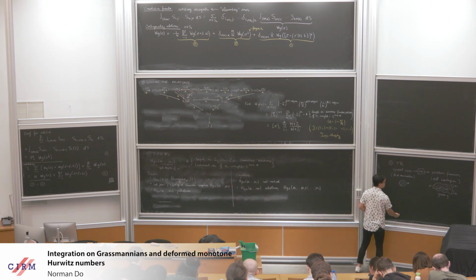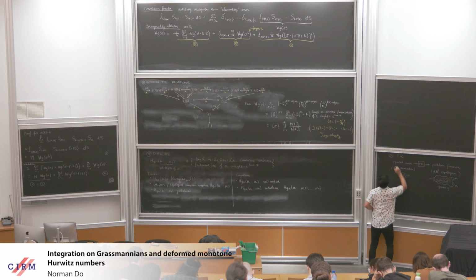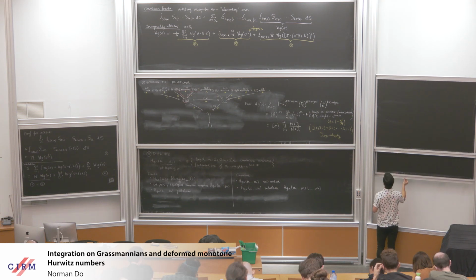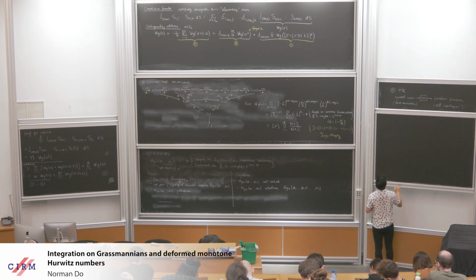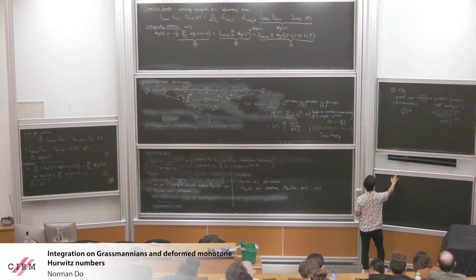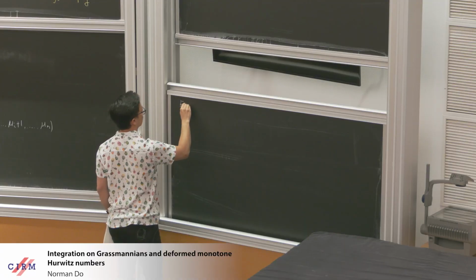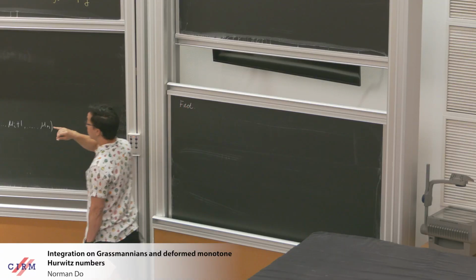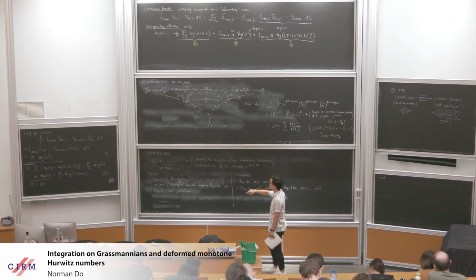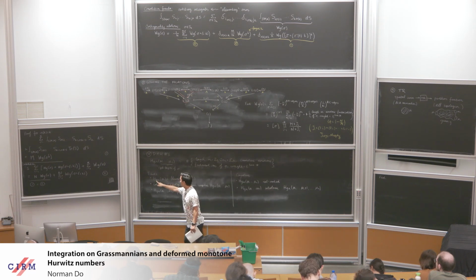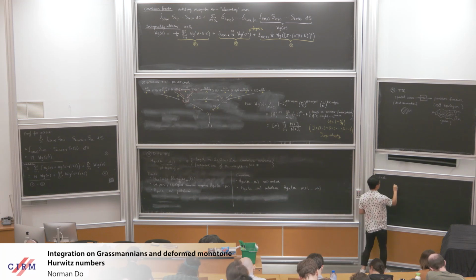Okay, and so I guess the fact is that if you try and work out what happens when g equals 0, n equals 1, you can write the generating function the following way.